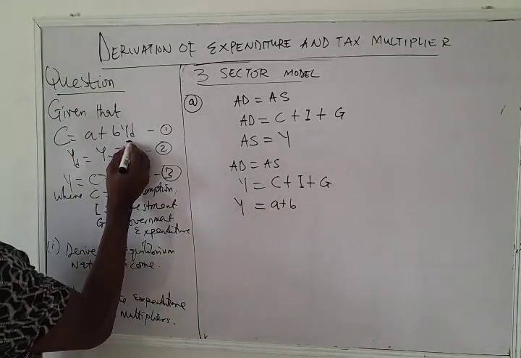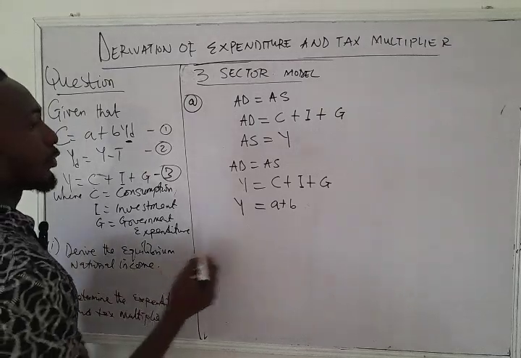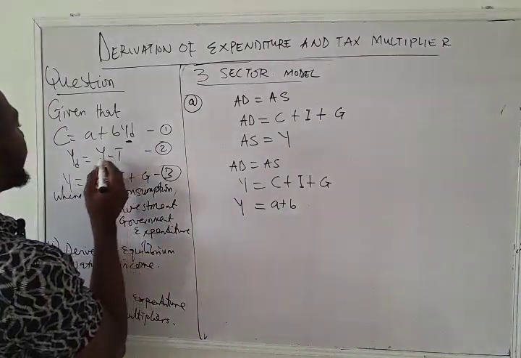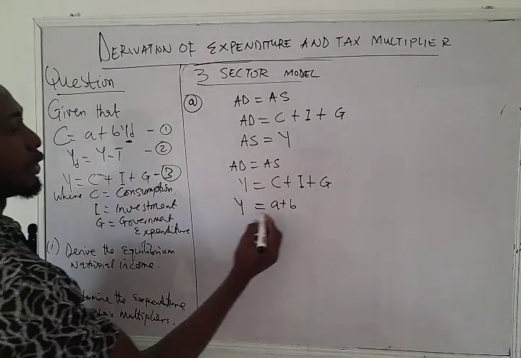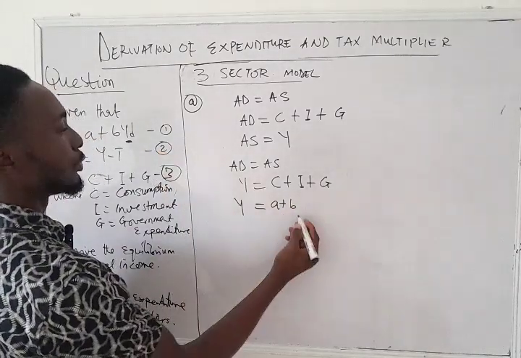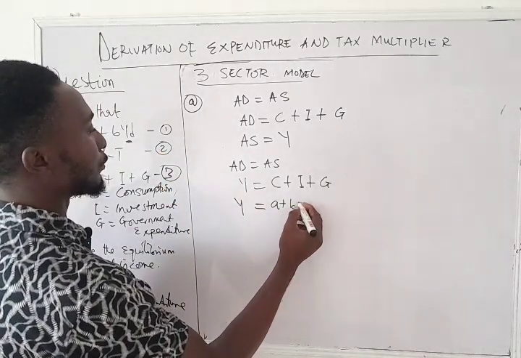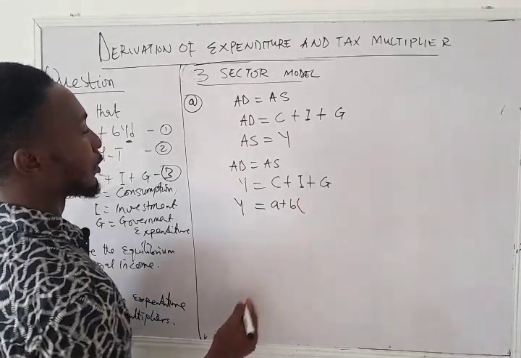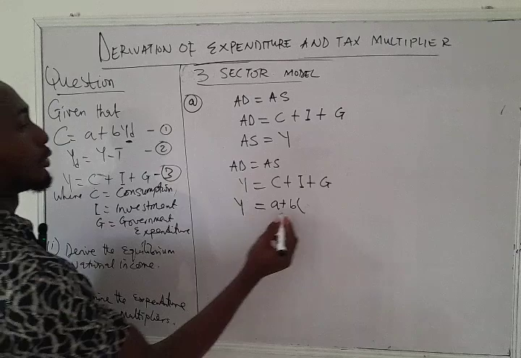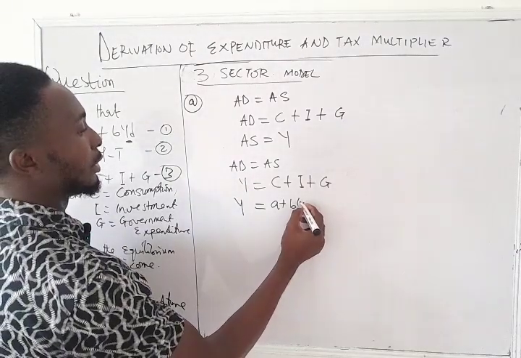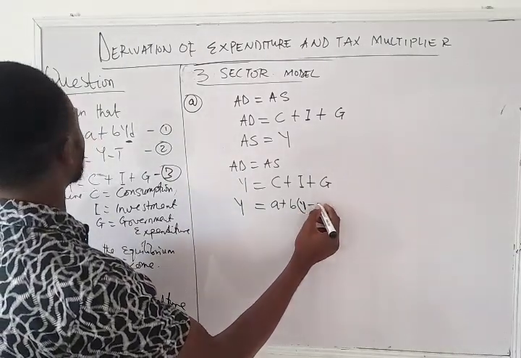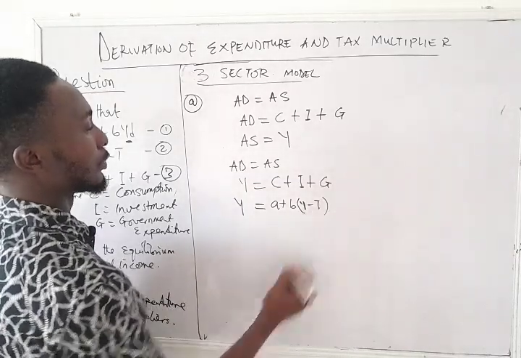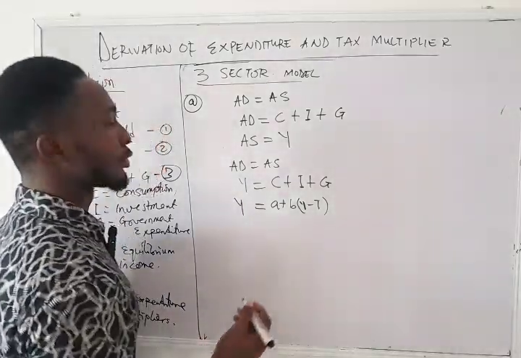But we have been given the function for disposable income. So we input that into our consumption function, and then we have, in brackets, Y minus T. Okay, so this is what we now have as our consumption function.